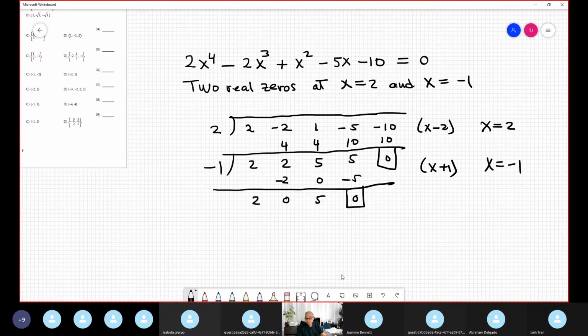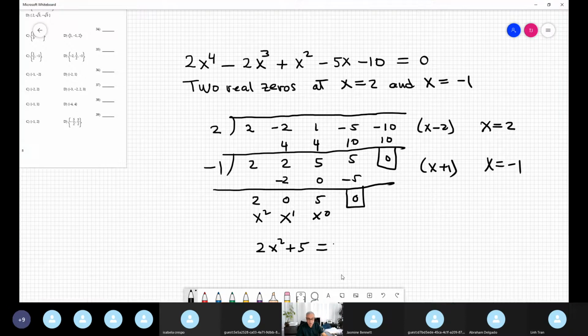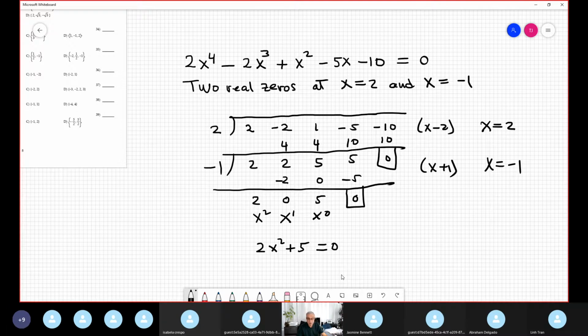Okay, so the rest, I don't see in this one. The reason is because I suppose it's complex, no? So actually my expression in the quotient part is 2x squared plus 5. So if you try solving this equation, it's obvious it's complex, no?